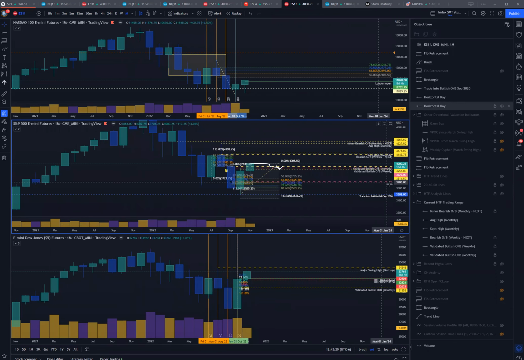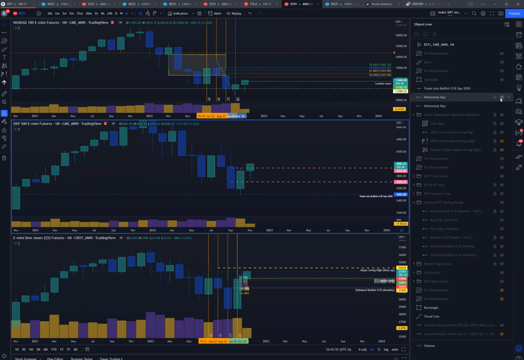Let me hide all this stuff here. And the rectangle. And these two lines. So the main thing here, I'm going to put these back on.